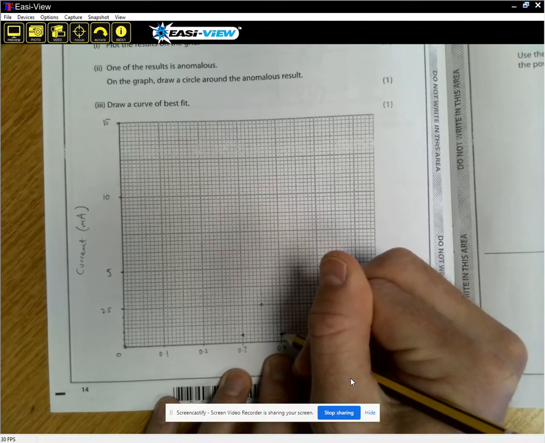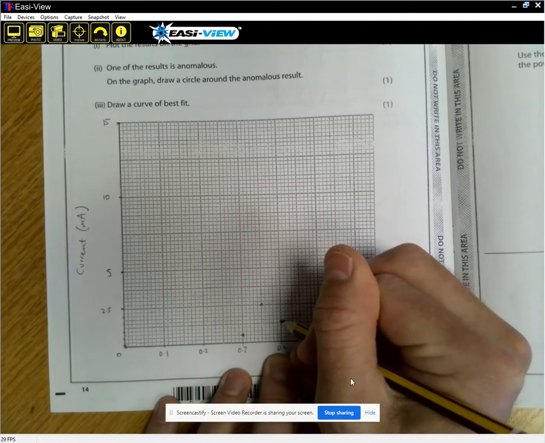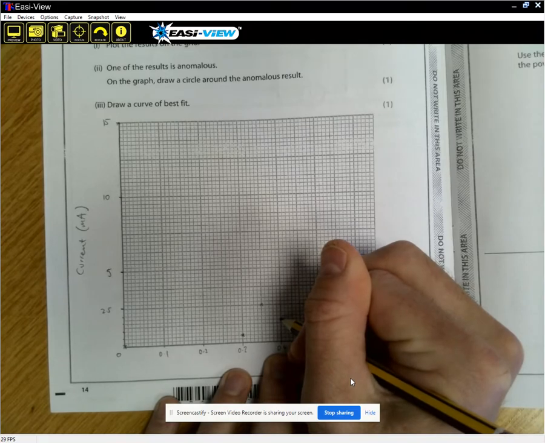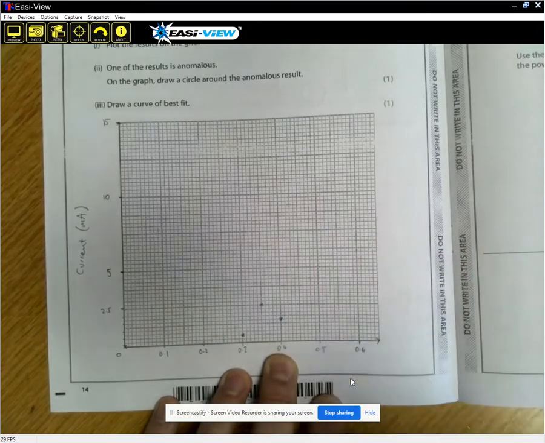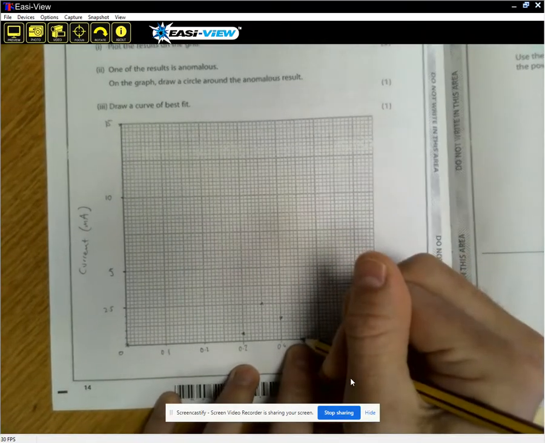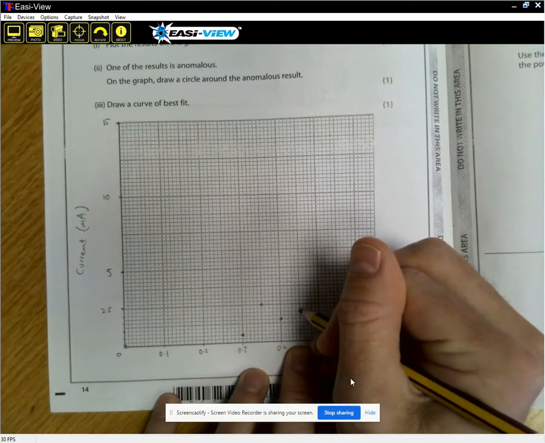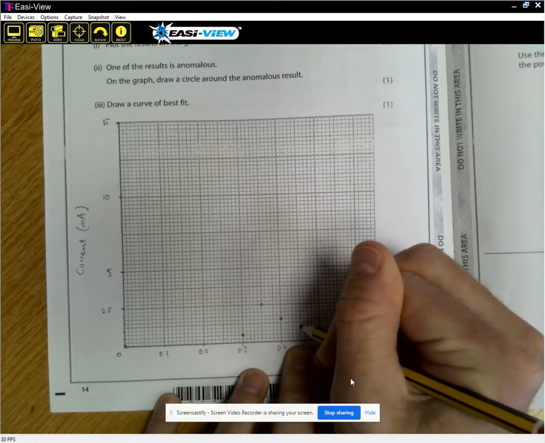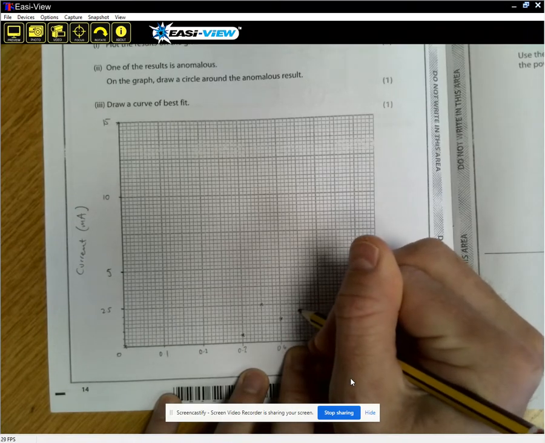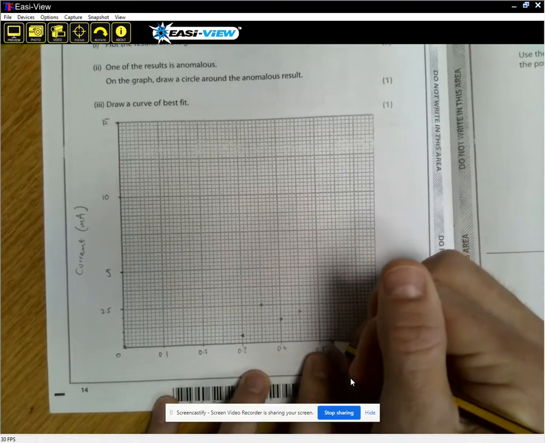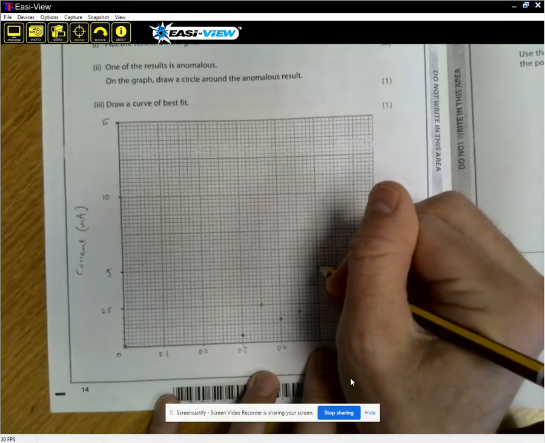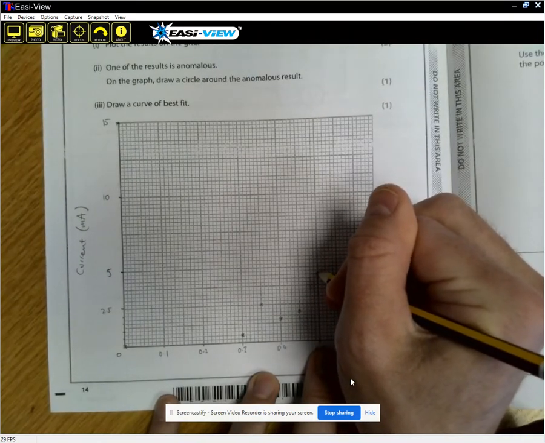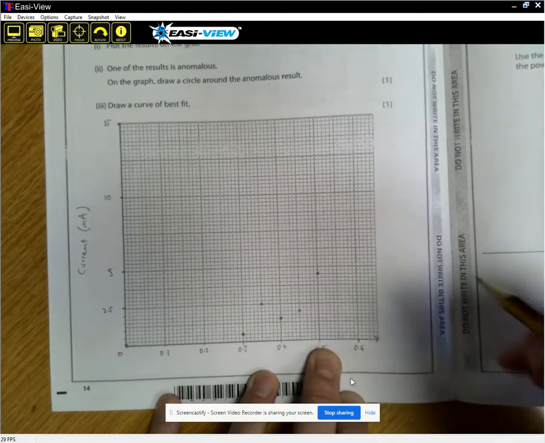Okay, so that's 0.5, 1, 1.5 is this point here. Then 0.45, I'm getting 2, so that is here. So I can check that. Half, 1, 1.5, 2. 0.5 is 4.5, so that's half down from 5, so that should be there.